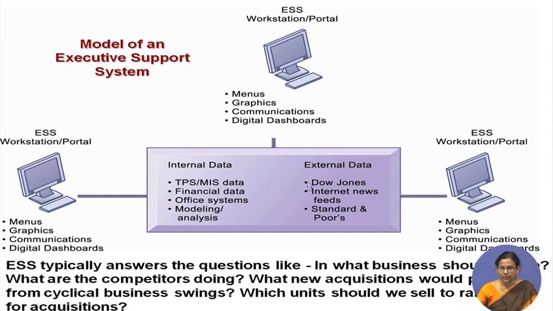Data can come from various external sources, stock price data, various financial indices and so on. This ESS answers many strategic level questions, like what are the competitors doing, what new acquisitions should protect us from cyclical business swings, which units should we sell to raise cash for acquisition, and so on.